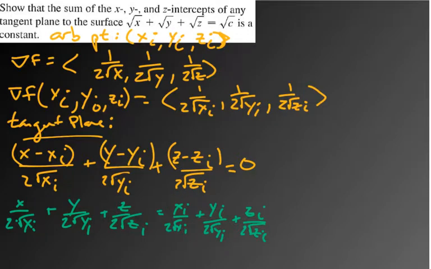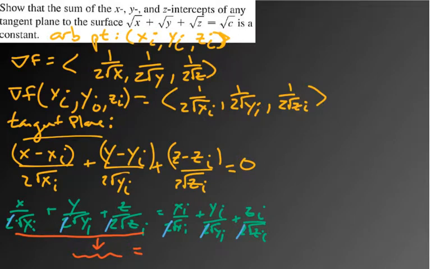So I'm just going to copy that down here. And then it's going to equal, I'm also going to cancel all the 2's, since we've got a half and everything multiplied by 2.